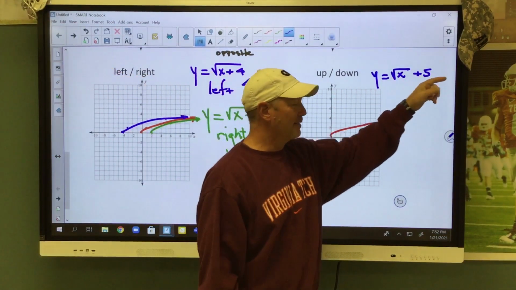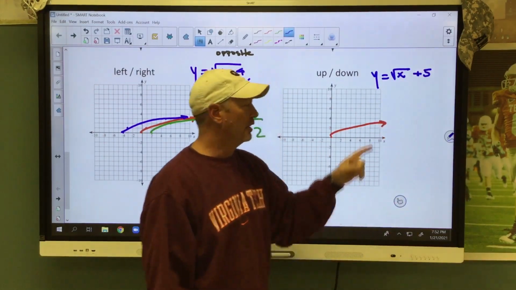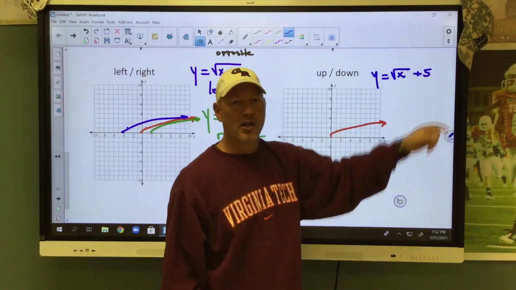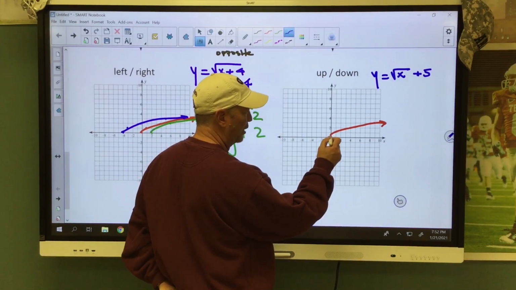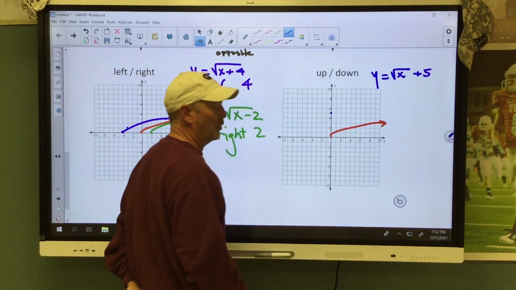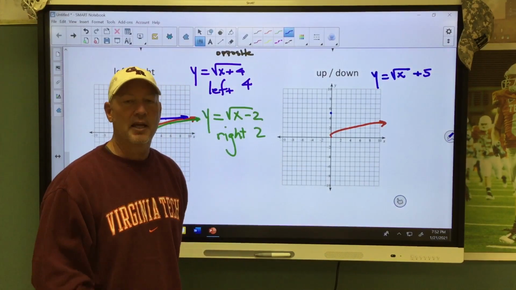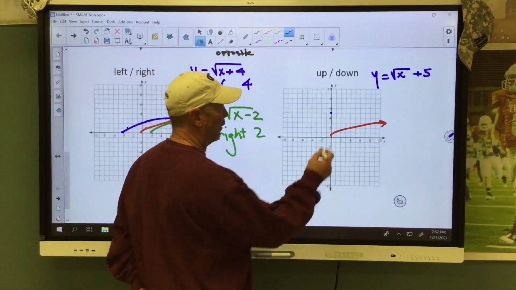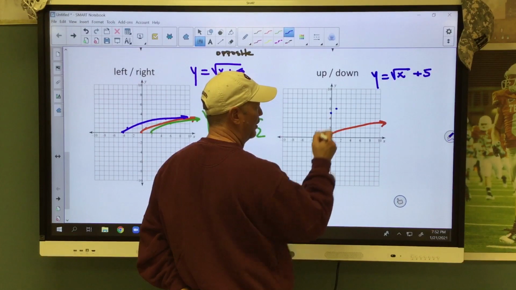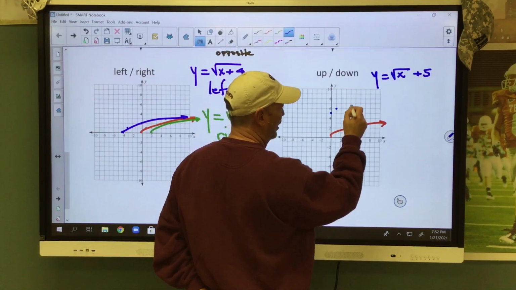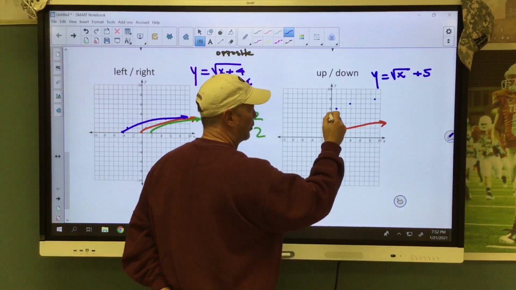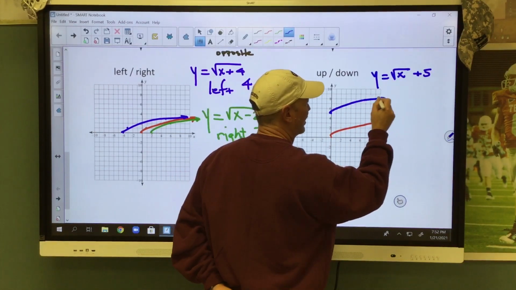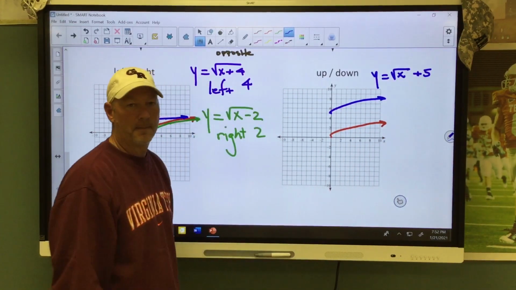Make sure that it's past it, so we'll shift up and down. So this just tells me to do a vertical shift up 5 units. So instead of starting at the origin, we're going to start 5 units higher than normal. And then apply the normal pattern: the square root of 1 is 1, the square root of 4 is 2, the square root of 9 is 3. And then we connect our dots, and there's our graph.